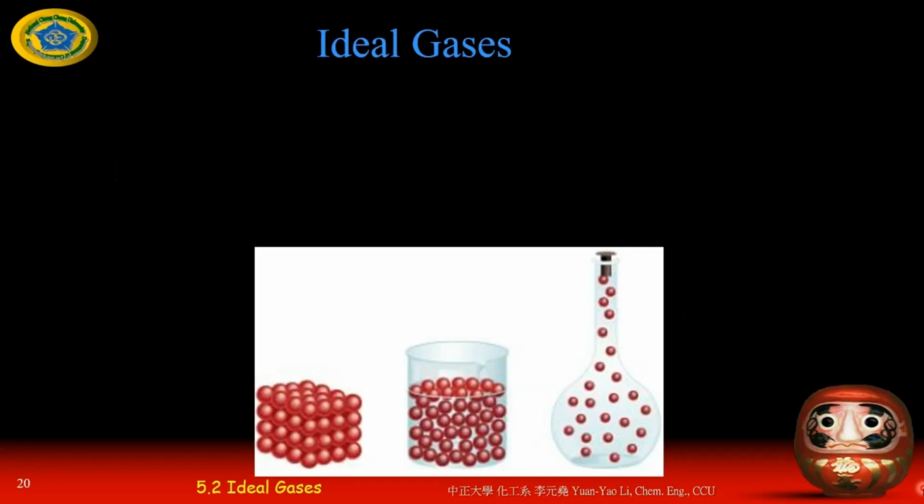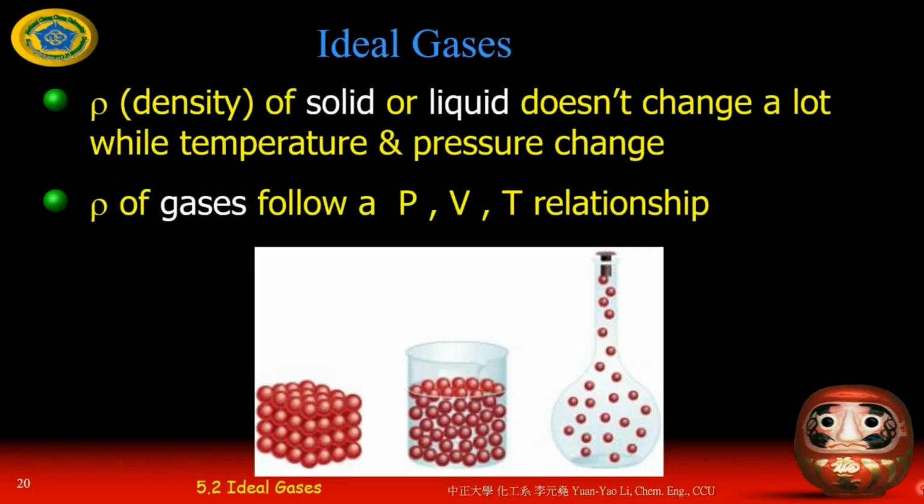The density of a solid or liquid doesn't change a lot while temperature and pressure change. It doesn't influence a lot, but the density of gases follows the pressure, volume, and temperature relations. Okay, as you know, this is what we call PV equal to nRT, right?